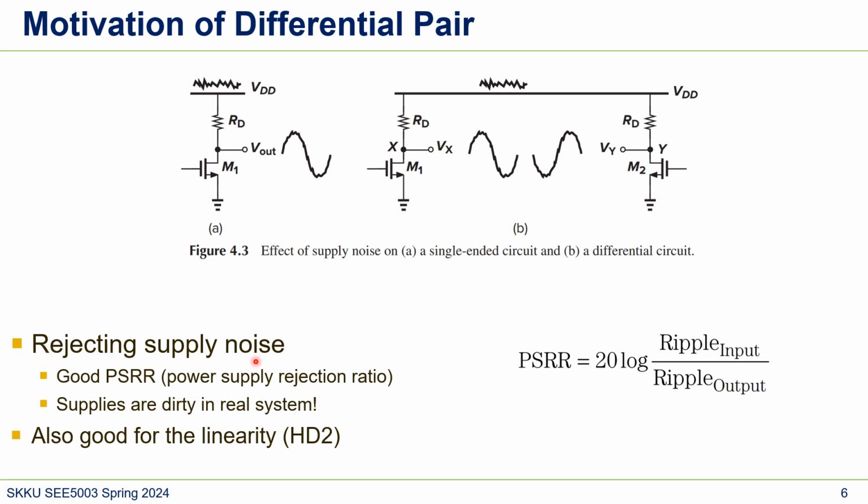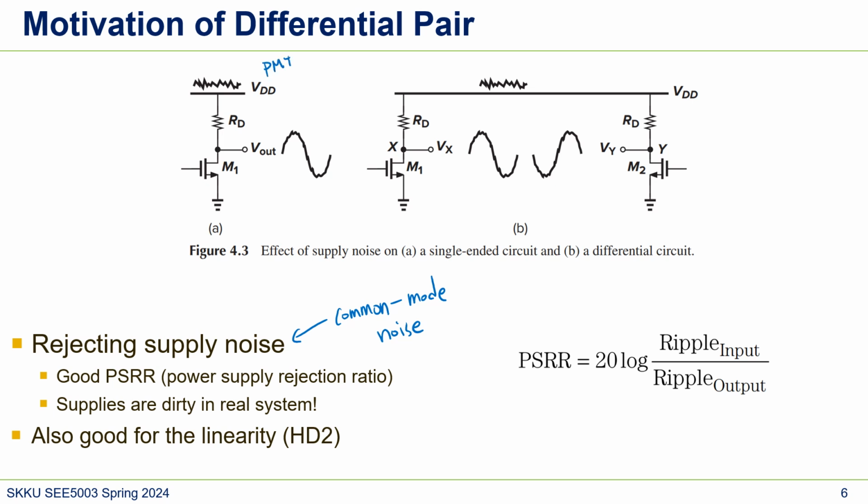We can also reject supply noise. Supply noise is common mode noise. If you see this circuit, if the VDD has noise, then this noise will go directly to Vout. And the VDD is usually not clean, it's noisy. In a real chip, maybe in a phone or some modem, the supply is generated by something like a PMIC circuit.